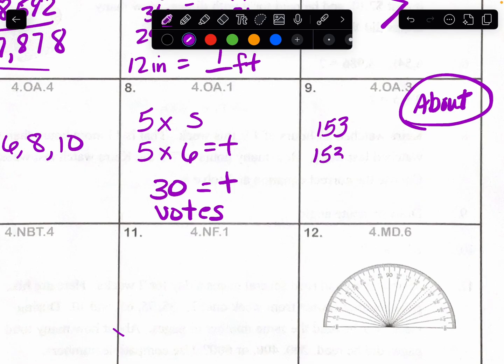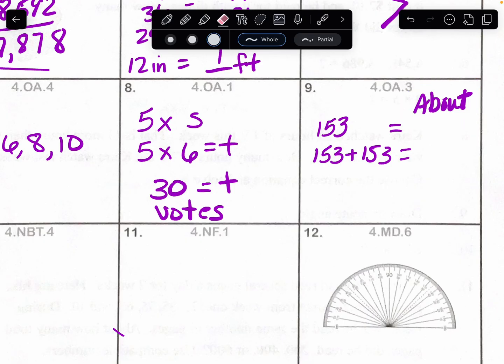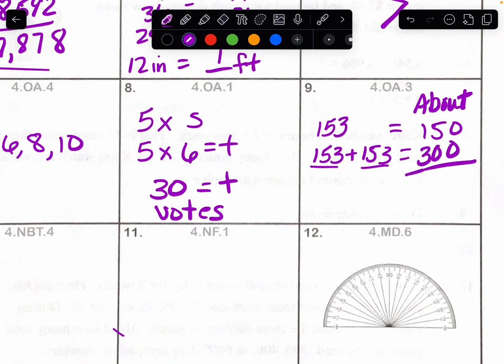So that's weekend 1 plus weekend 2. All right, let's estimate this. 153 is about, I hope you have rounded that to 150, which if you round 153 and 153 to 150, 2 of those give you 300. So this is about 450 people.